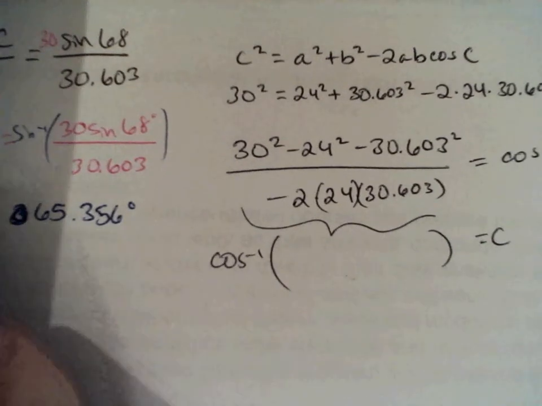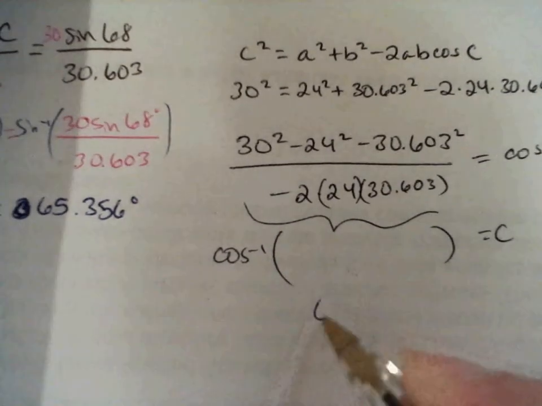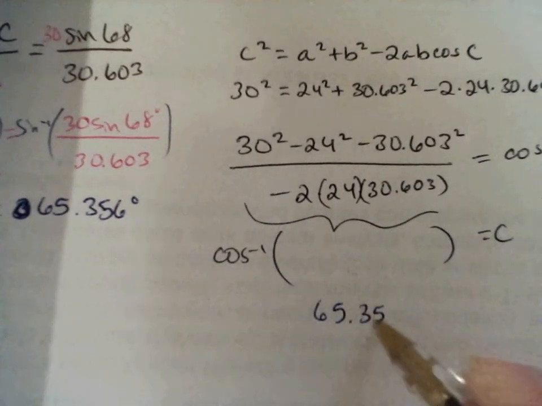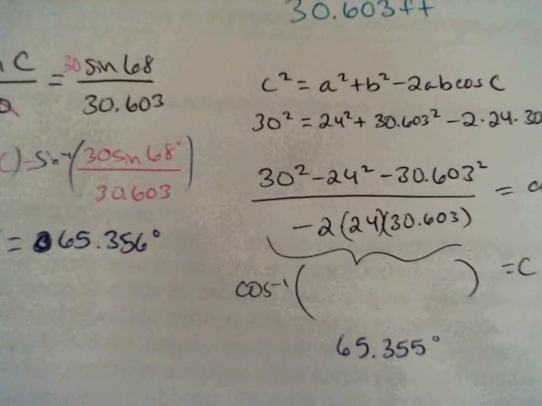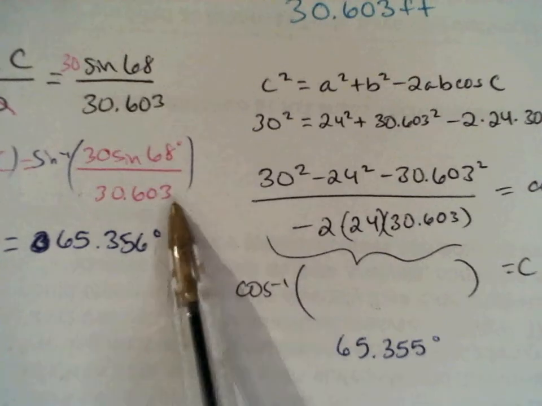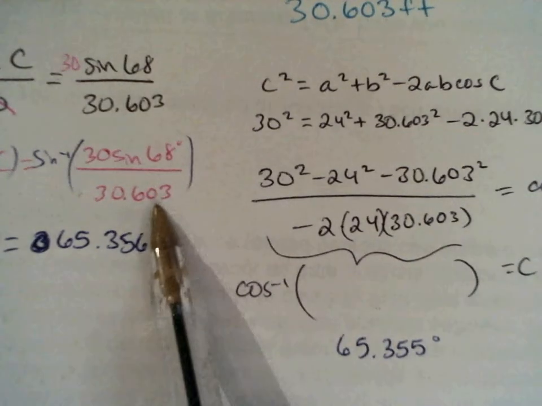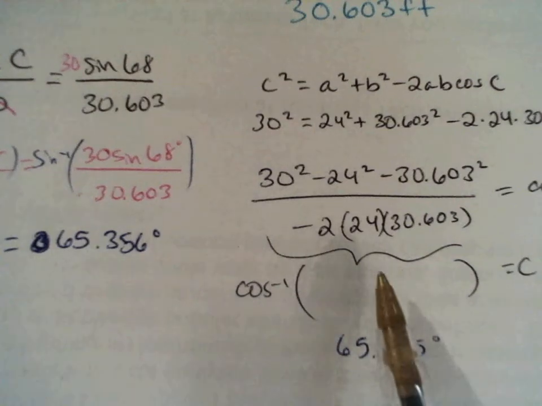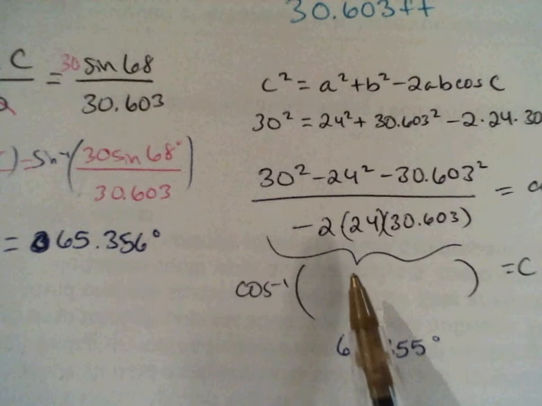I forgot my 6, that's why it was quite a bit off. Okay, I get 65.355 degrees. So the difference is a thousandth of a degree, which is understandable because I rounded to a thousandth of a degree. If I had gone like 5 decimals in 30.603, what was that?